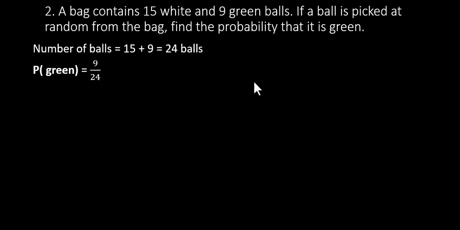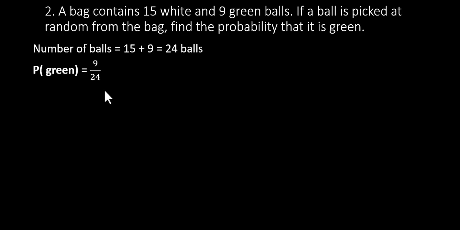When we add 15 plus 9, we get 24 balls. We are asked to find the probability of picking a green ball. So the probability of picking a green ball is 9 over 24.